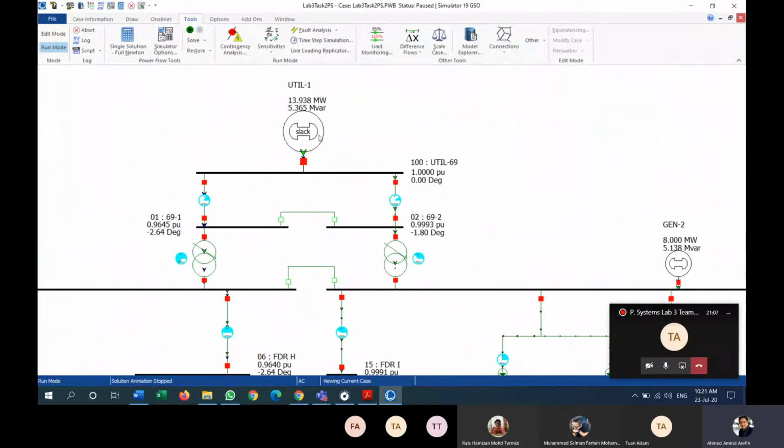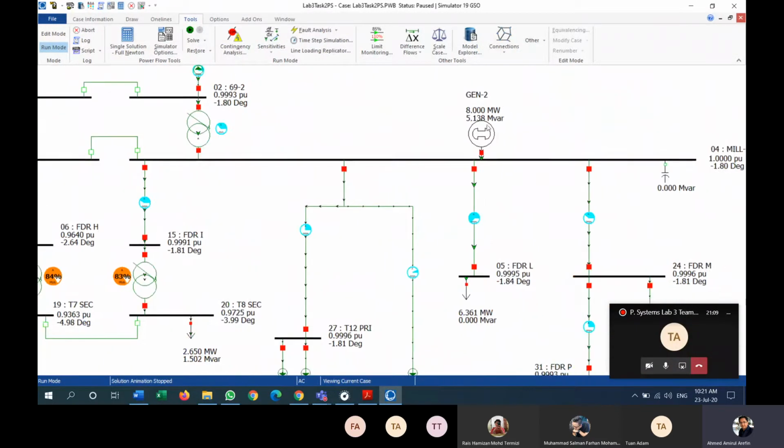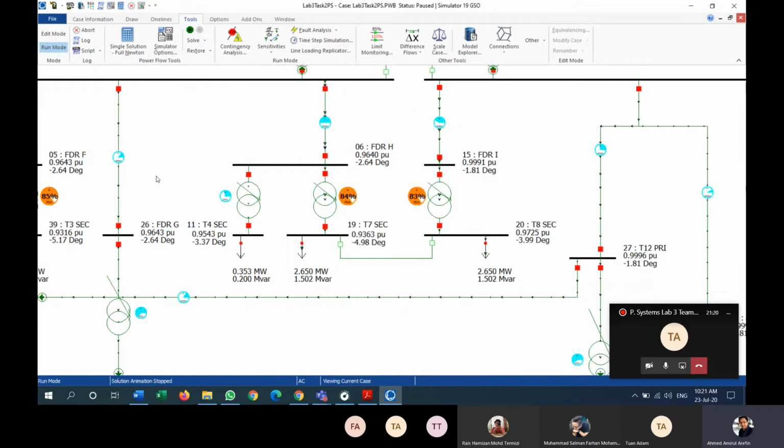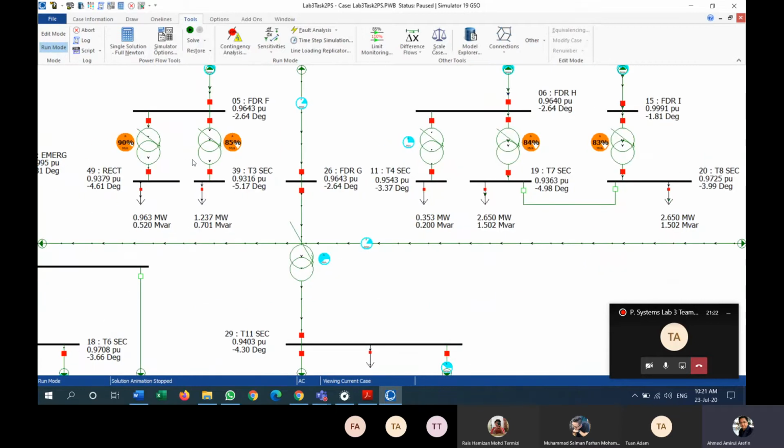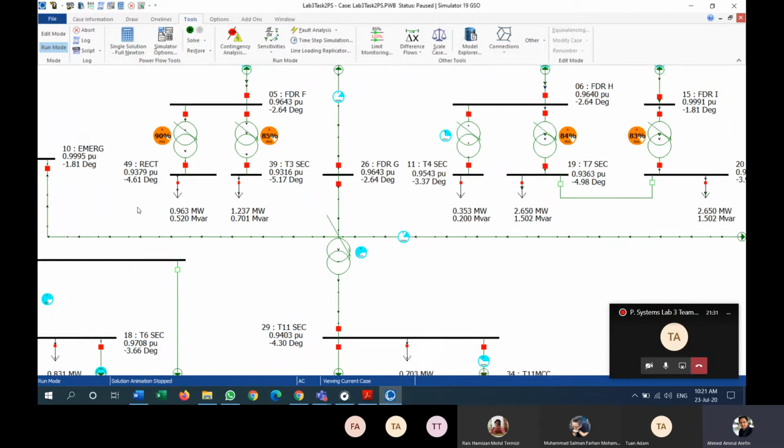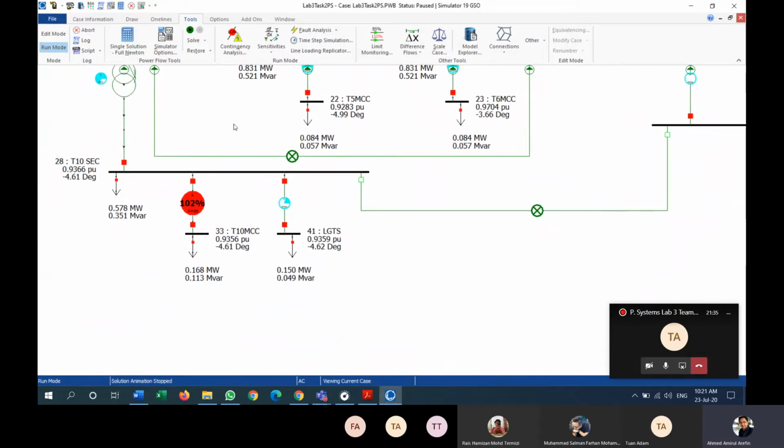This is the utility slack one, so you can change the set point from here, but I'm not sure that by changing this particular set point you will be able to improve all the lowest experiencing buses. I don't know whether it will be feasible or not.